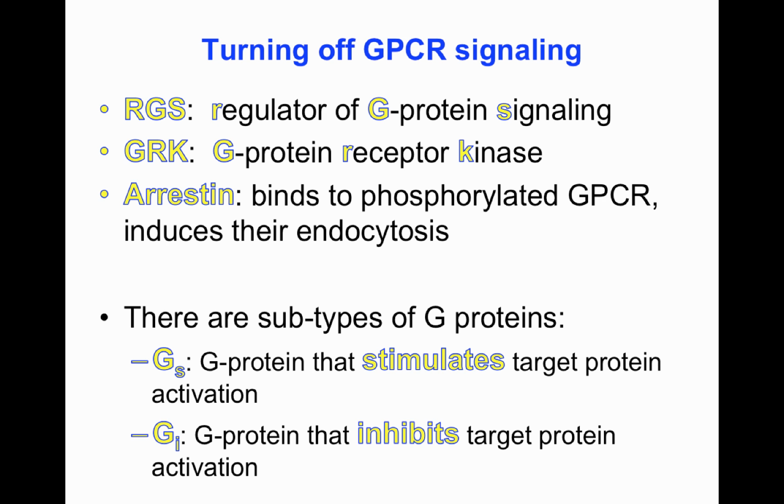Now, there are two different types of G proteins. Gs stands for G proteins that stimulate target protein activation, and Gi stands for G proteins that inhibit target protein activation. They usually have the subscript S or I to indicate if they are inhibitory or stimulatory target activation proteins.